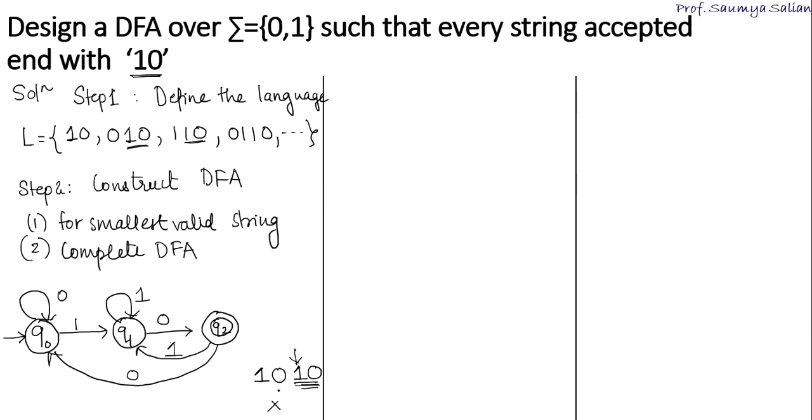So this justifies my case, right? Now Q2 has responded to both 0 and 1 and there are no pending states, right? So this completes our DFA construction for the given question.